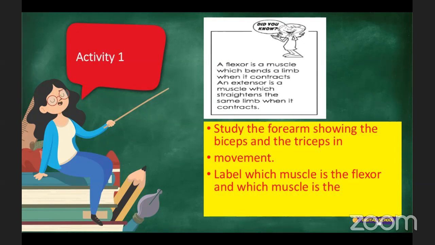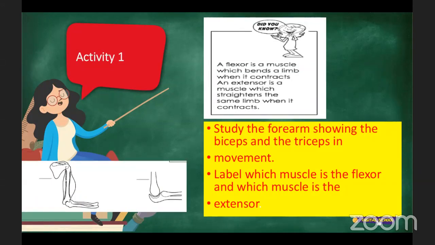Label which muscle is the flexor and which muscle is the extender. I am going to show you a picture which shows a flexor and an extender. Can you type in your chat box which one is a flexor and which one is an extender.